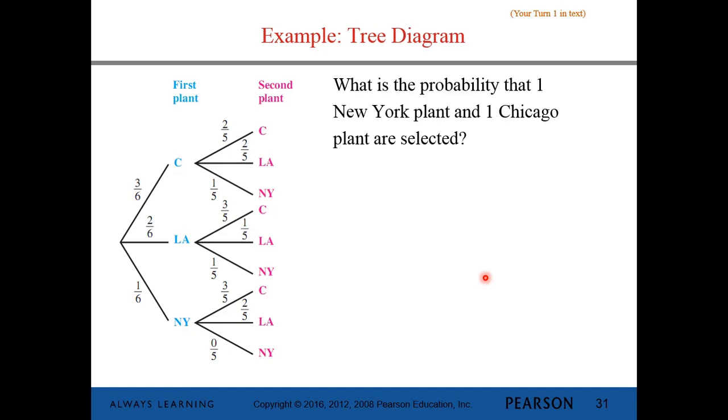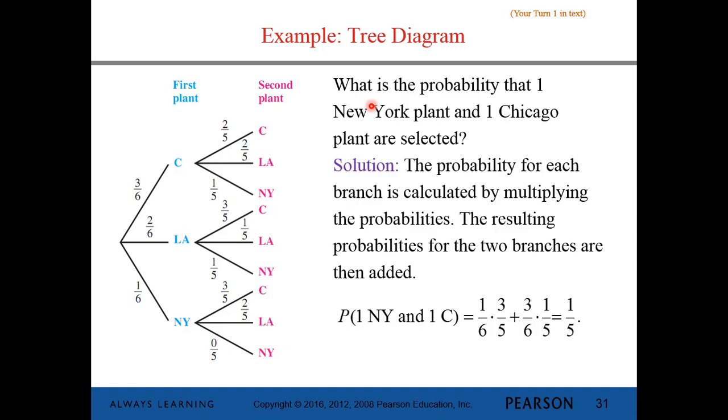Okay, so what is the probability that one New York and one Chicago plant is picked? Well, in this case, we're going to go down Chicago, anything that gives us both Chicago and New York. And so we get this, right?